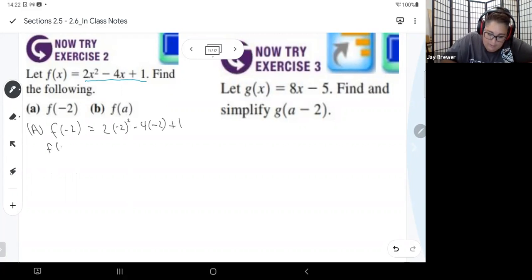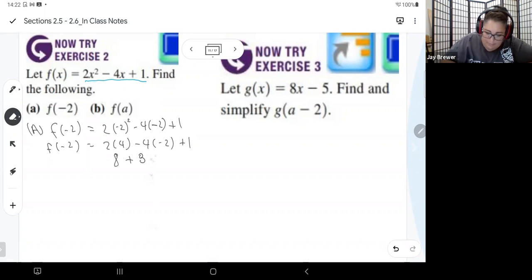So f of -2 equals: -2 squared is a 4, so 2 times 4 minus 4 times -2 plus 1. That's going to give us 8 plus 8 plus 1, which equals 17. So you could write that as a point, (-2, 17).